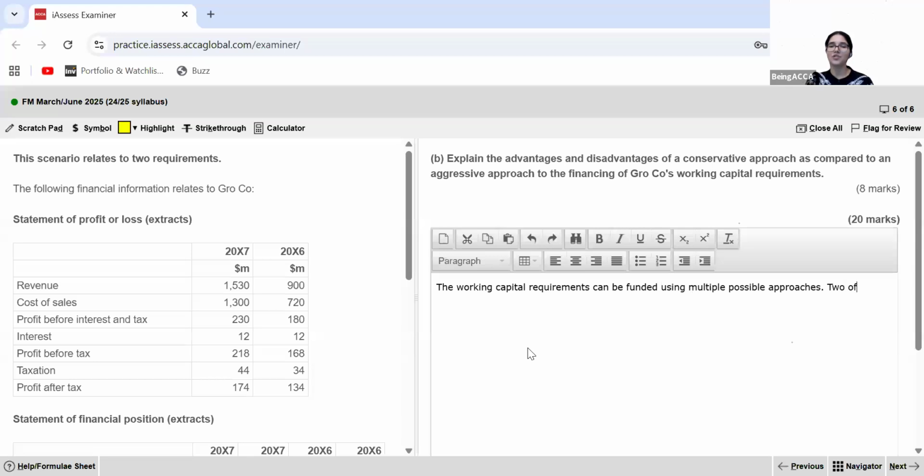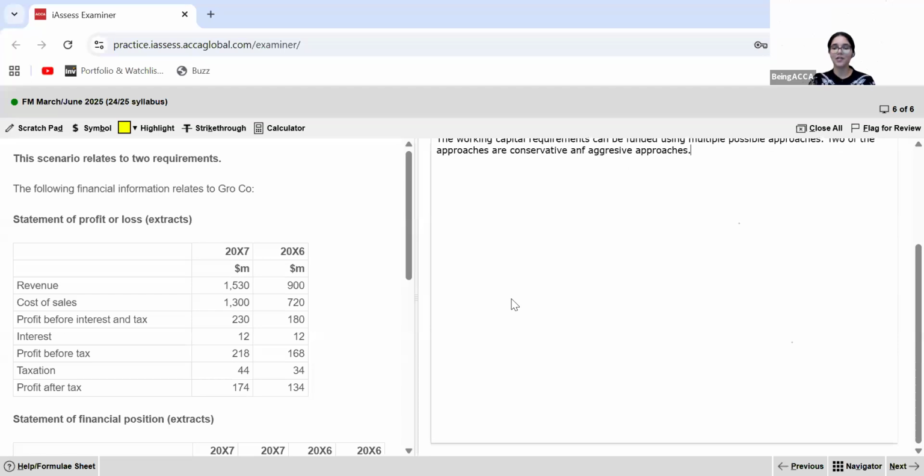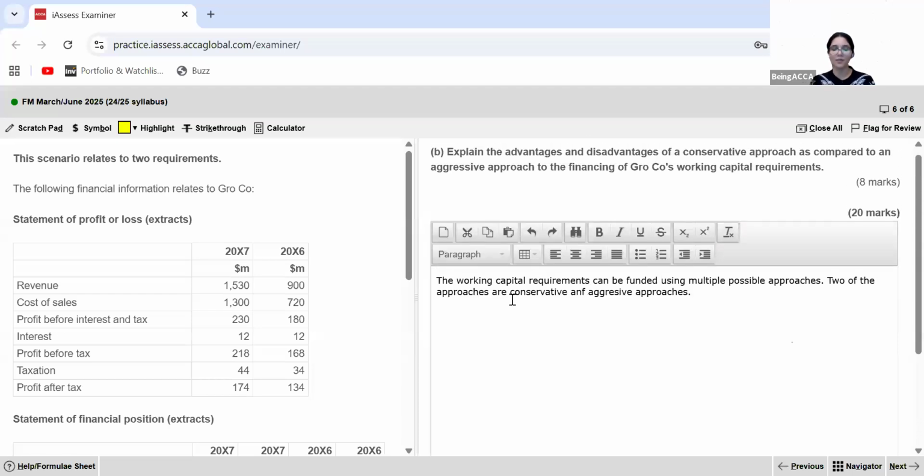Two of the approaches are conservative and aggressive approaches. So you can now use subheaders and first talk about any one of the approaches. So let's suppose we're talking about the conservative approach first. Conservative approach.